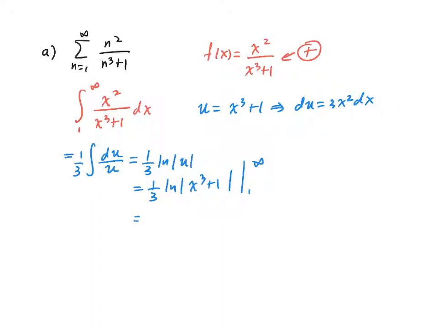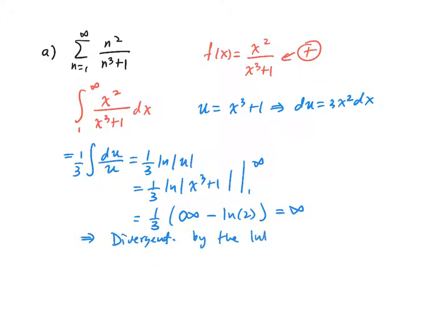Remember, this requires that you actually use limits, but it will be 1/3 times infinity minus ln of 2, so therefore this is infinite. So that implies the integral is divergent, so that implies that the series is divergent by the integral test.